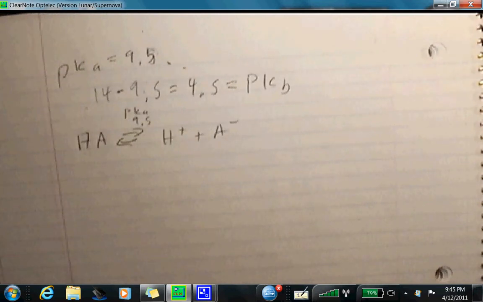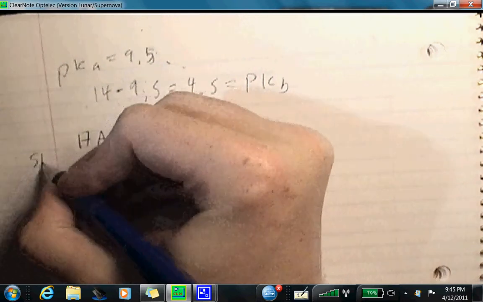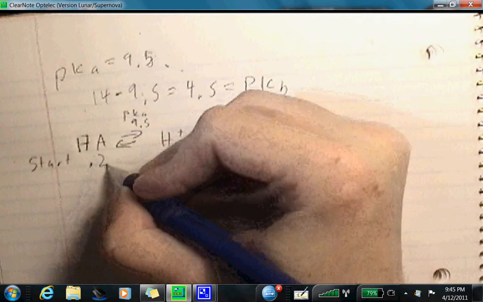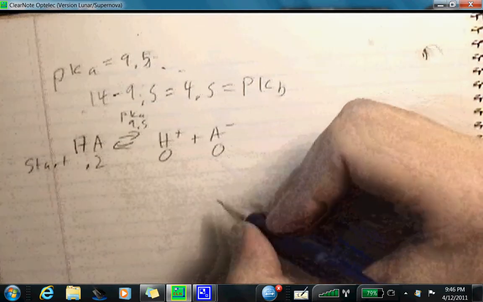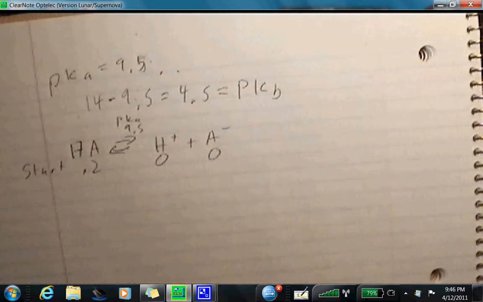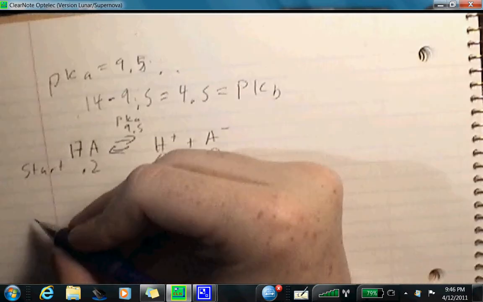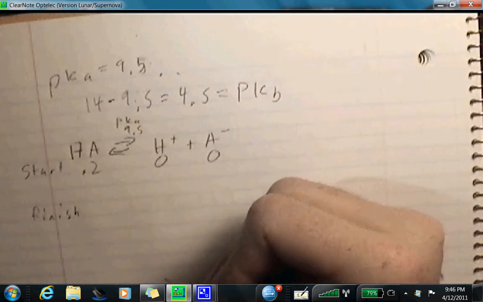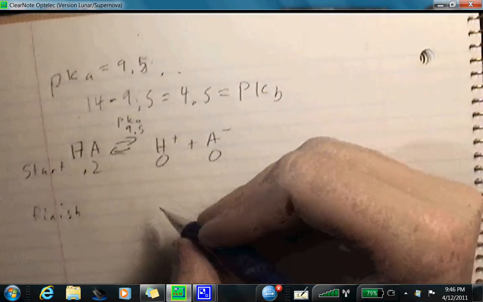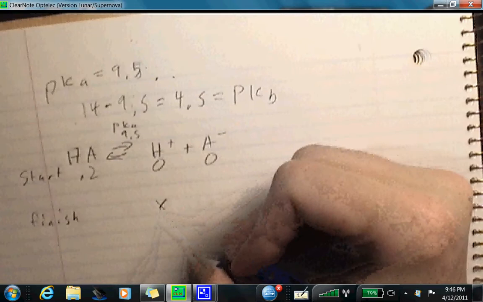So that's what that means. Now at the very start of this, we have 0.2 molar and 0 of this and 0 of this, at the very, very beginning of this reaction, right? But at the finish, we don't know how much of this we have.